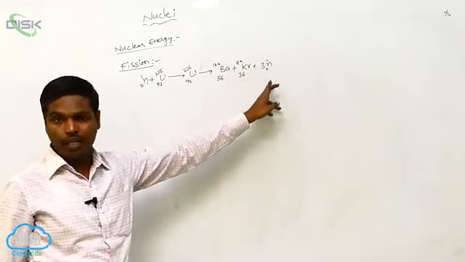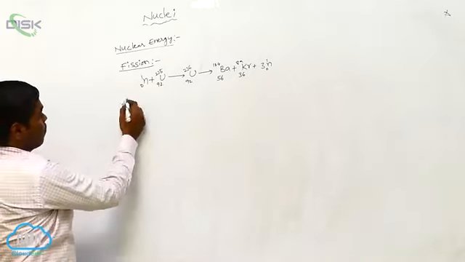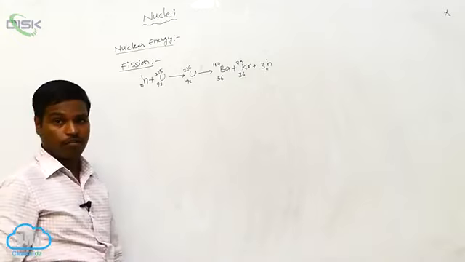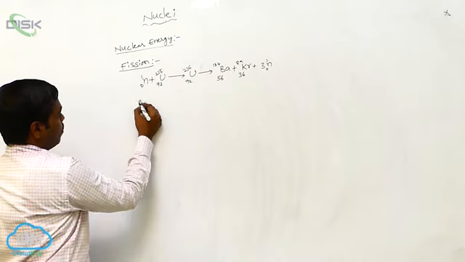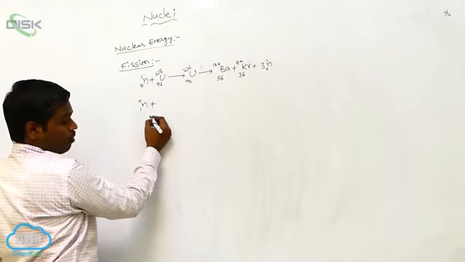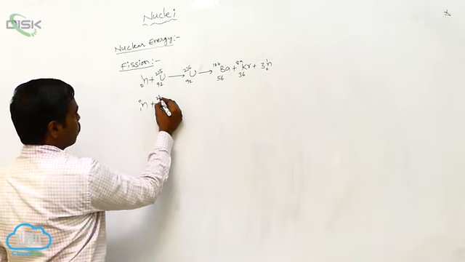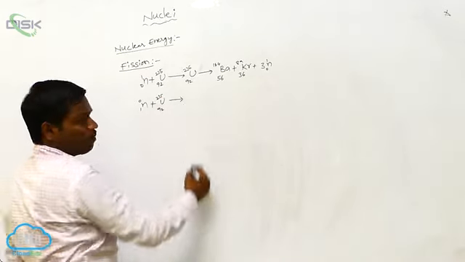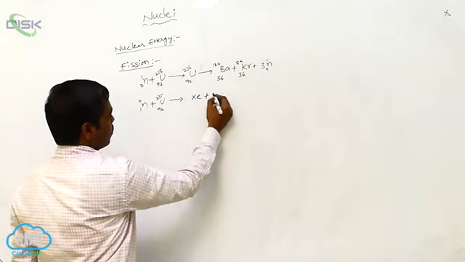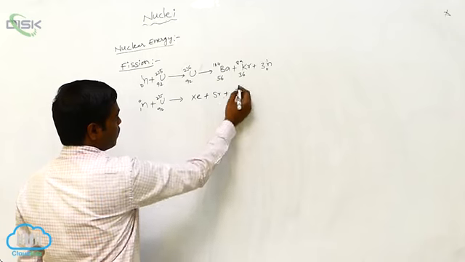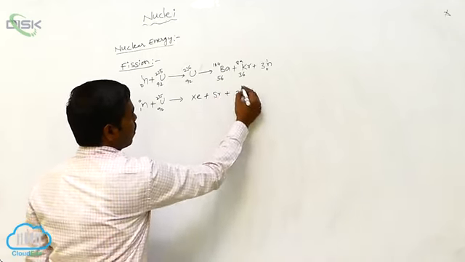gives 3 neutrons. One more reaction we have for fission: this neutron is bombarded with uranium 92-235, which gives xenon and strontium plus 2 neutrons.